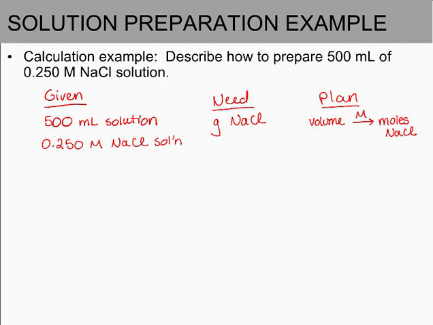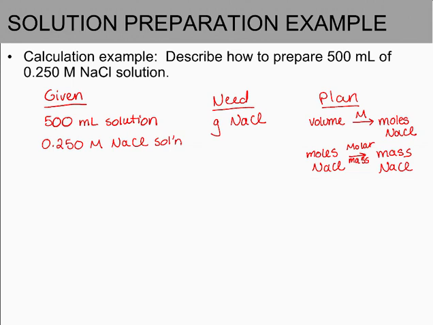All right, and then once we have moles of sodium chloride, we could then use that and the molar mass of sodium chloride to go to mass. So we'll convert moles to mass. And we'll need the molar mass of sodium chloride. So we'll have to do that as well.